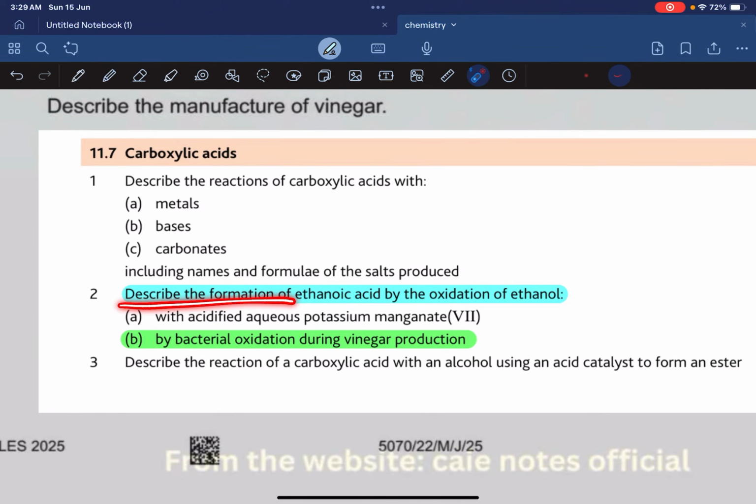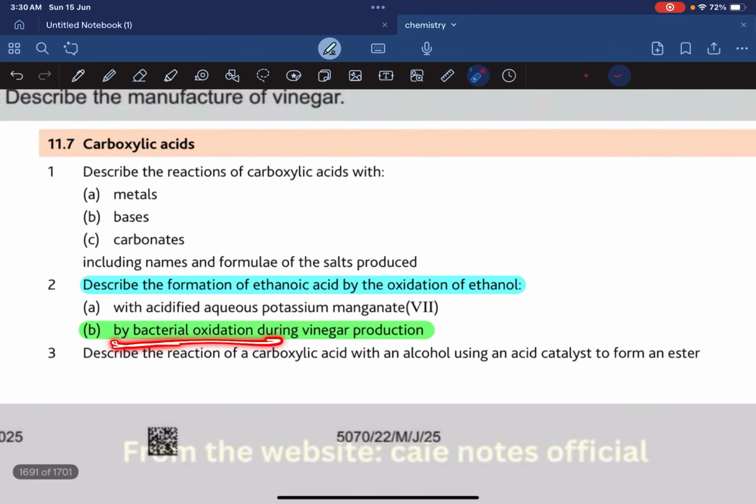Describe the formation of ethanoic acid by oxidation of ethanol. Look, with acidified aqueous potassium manganate, okay? This is with acidified aqueous potassium manganate, and by bacterial oxidation during vinegar production. So, in order to produce vinegar, you had to write about the bacterial oxidation. Many people might have written about adding acidified aqueous potassium manganate.